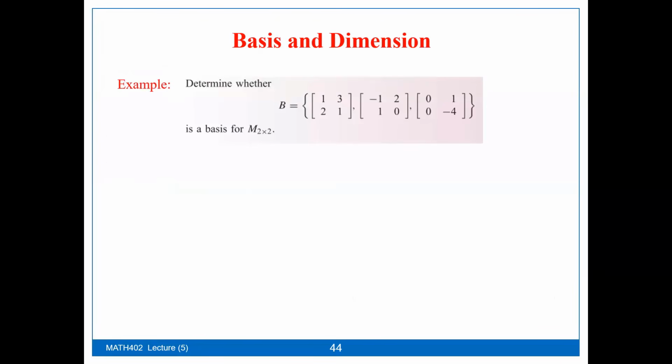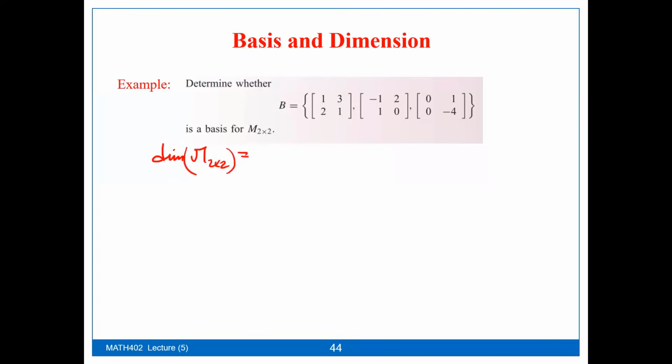Determine whether this set is a basis of M2 by 2. So what do you think? Is it a basis of M2 by 2, the set of square matrices of order 2? Yes, no? But I will ask another question. Do you know the dimension of this set? Who knows the dimension?